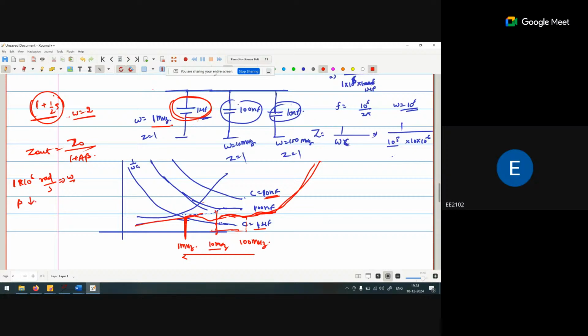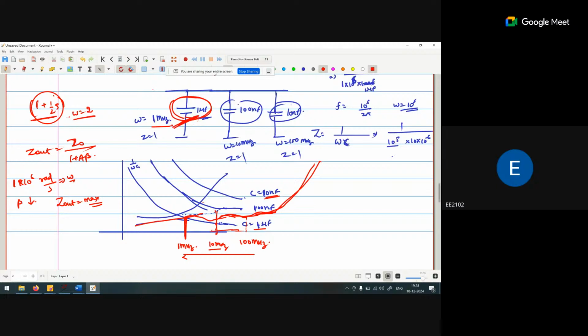If beta value is minimum, my Z out will be maximum. So only at that particular frequency will this capacitor create an effect.